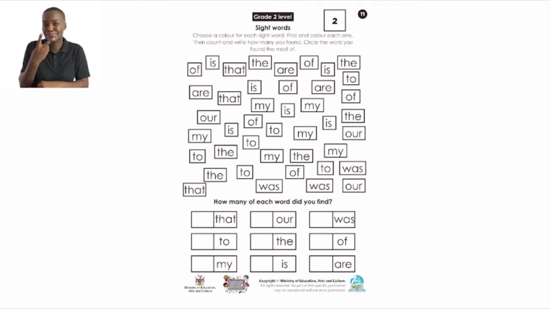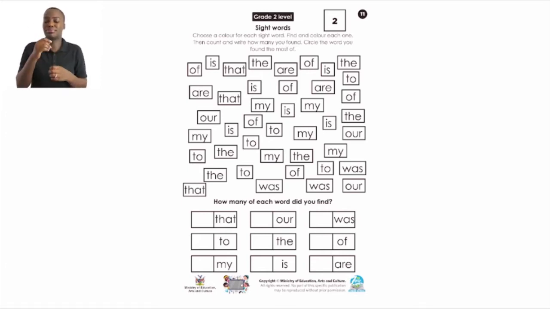So we have our bricks here, and it is your job as the builder for the day to make sure that, one, you find all the sight words that are the same. For example, we have the word is. If you find all the is words, the next thing you're going to do is color them the same color. You can use any color you want. Blue, purple, green, orange, any color.